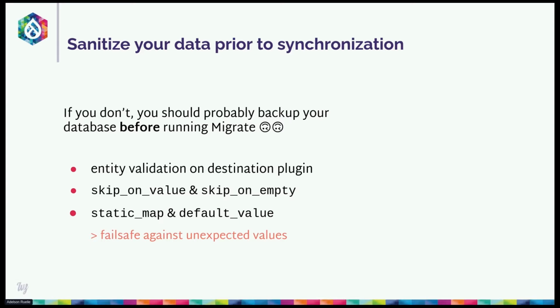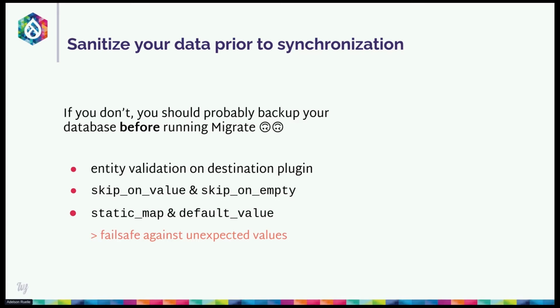Other stuff that we use a lot of the time are process plugins. You get skip on value and skip on empty. It's pretty much self-explanatory, so we won't go really over it. But the most interesting one for me is the static map.